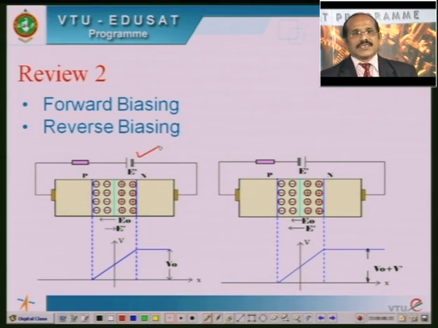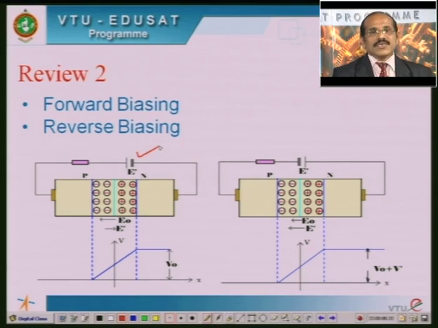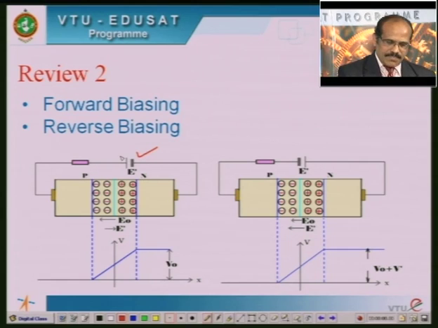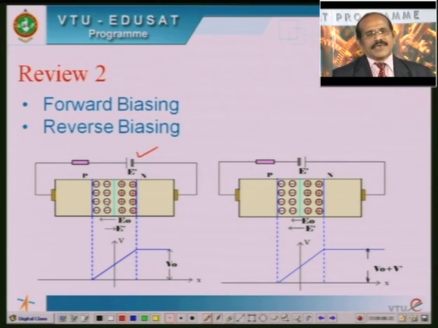That is called forward bias, and due to that the holes in the P layer get repelled by the positive terminal of the battery. Similarly, the electrons in the N layer get repelled by the negative terminal of the battery, and therefore they will cover this depletion layer, the width of the depletion layer decreases, and accordingly the potential barrier decreases.